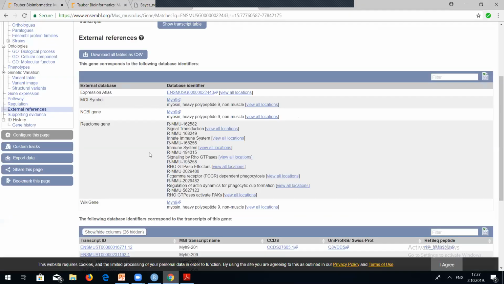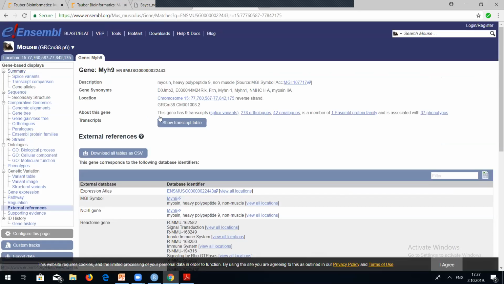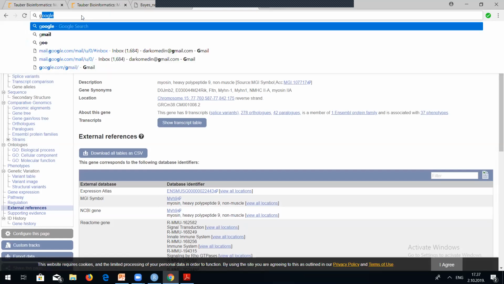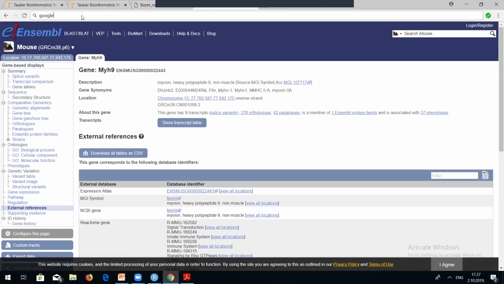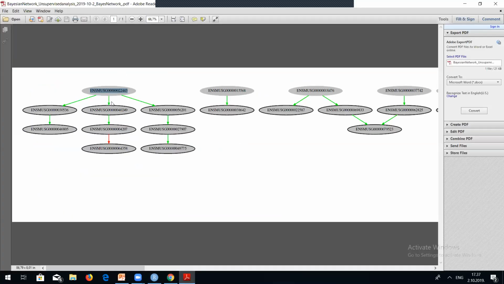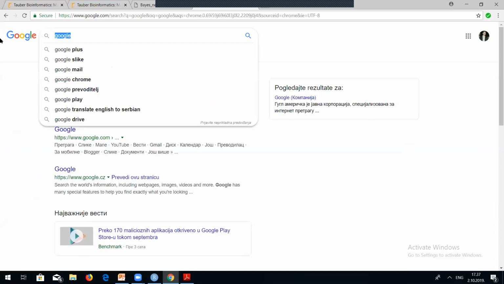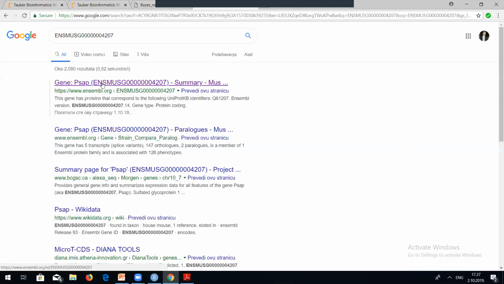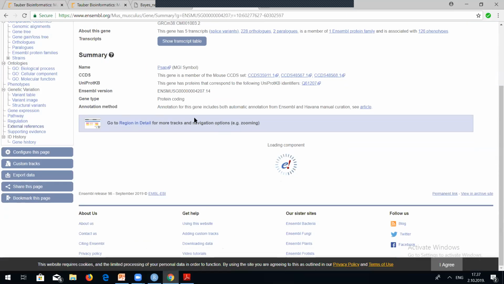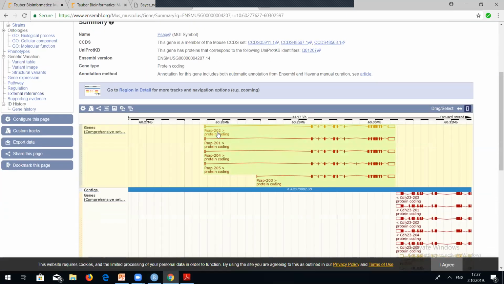I will show you, for example, here on Ensembl, let's select a gene. I don't know, let's select this one. So we can review that gene not just from a transcription perspective, but we can view a lot of other things, right?